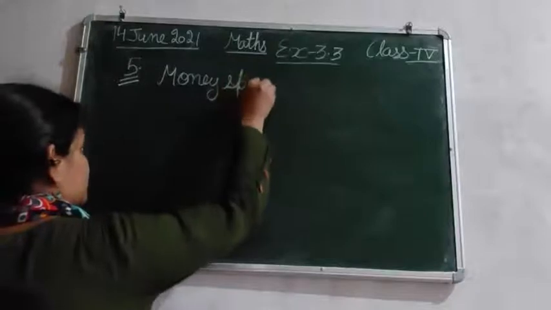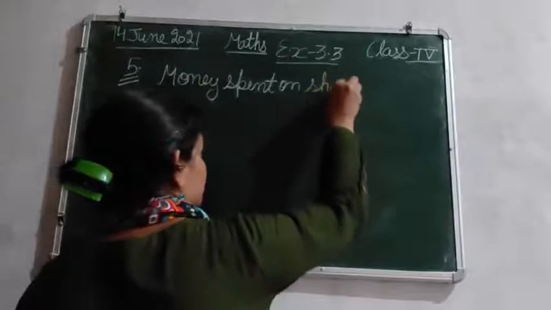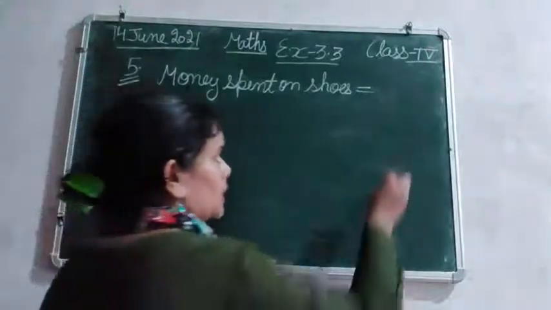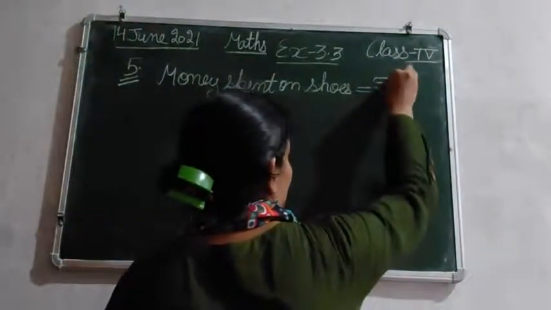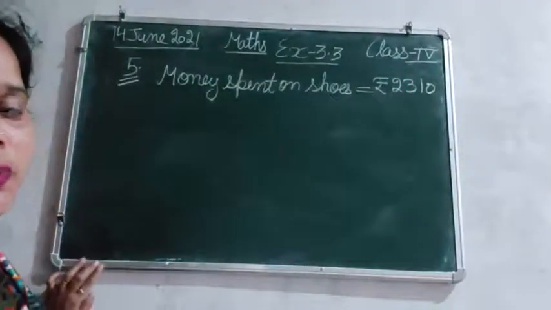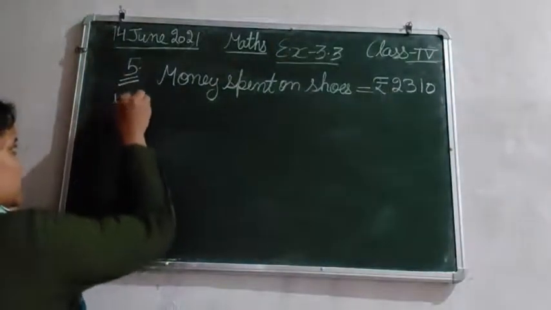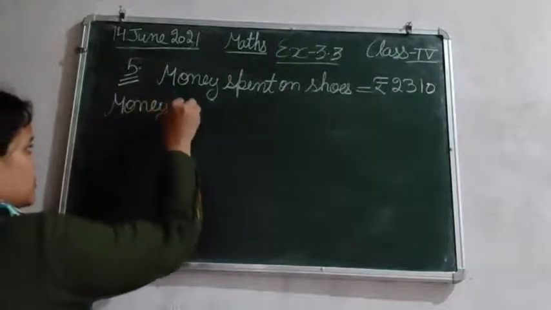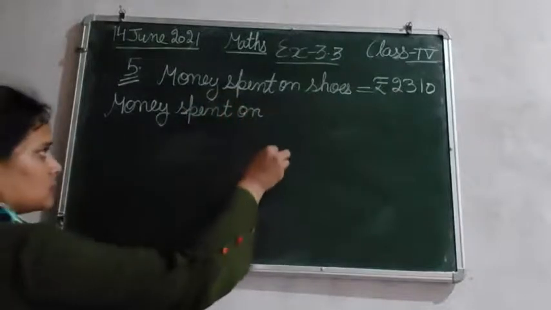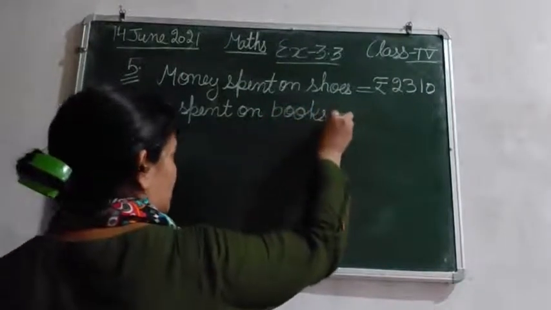Money spent on shoes is rupees 2310. Next, money spent on books.